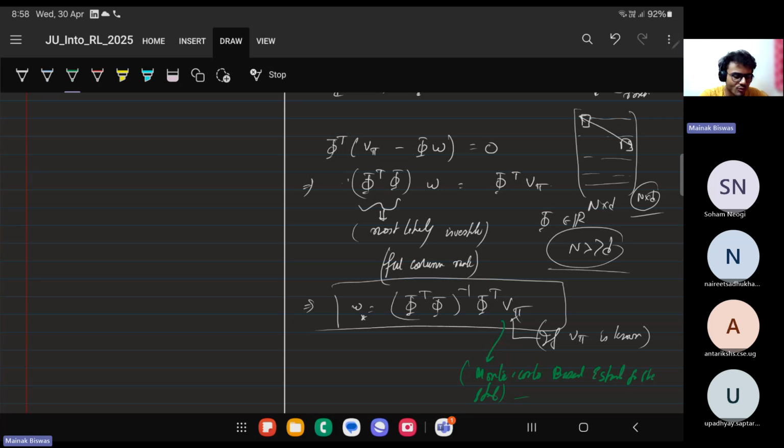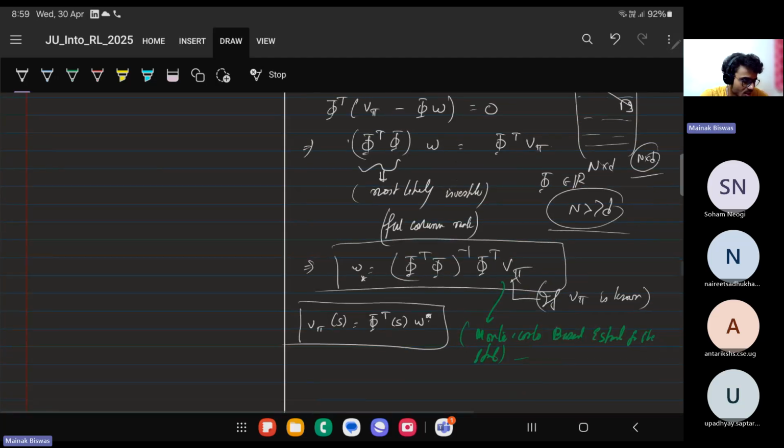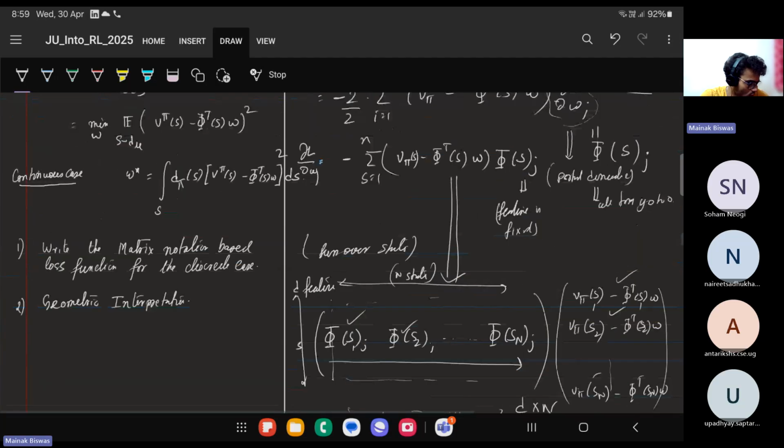If V pi was known, we could directly write down the best W. Okay. And then once you write it down, it's a bit of a circular thing. We'll see how to solve the circular thing next time. So once you can just write it as this for every state S, even for new states.